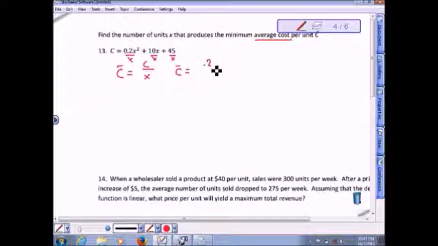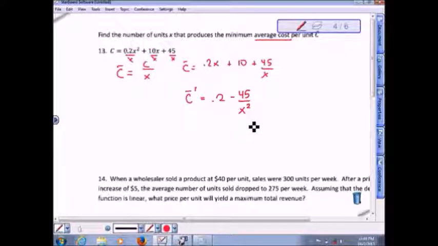This becomes 0.2. Now x squared over x is x, and then 10x over x is 10, and 45 over x. Now we take the derivative, we're going to get 0.2 minus 45 over x squared.